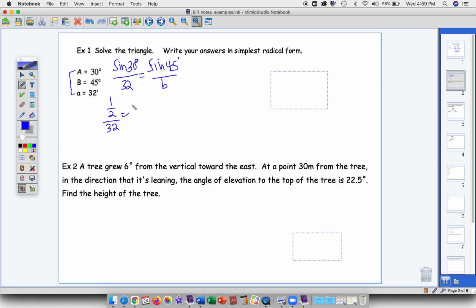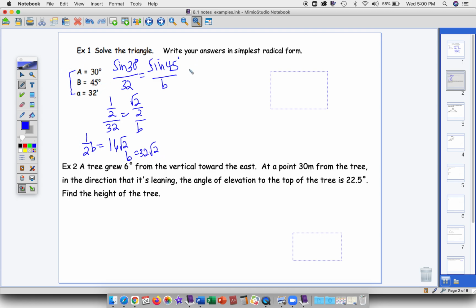The sine of 45 is root 2 over 2. If I cross multiply to solve my proportion, I get 1/2 B is equal to 16 root 2. And then multiplying both sides by 2, I get B is equal to 32 root 2.